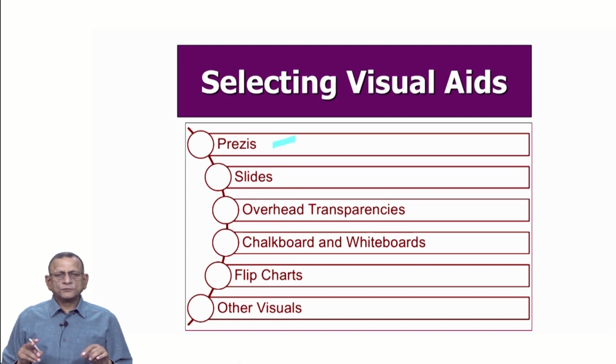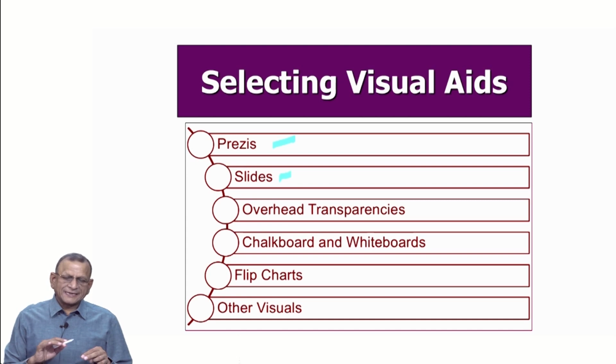But if you want to jump from one slide to another slide, one idea to another idea, then we have another method which is known as Prezi. So, you may study more about Prezi. It's a downloadable software, but subscription based. So, you need to subscribe to this and only then will you be able to use it.